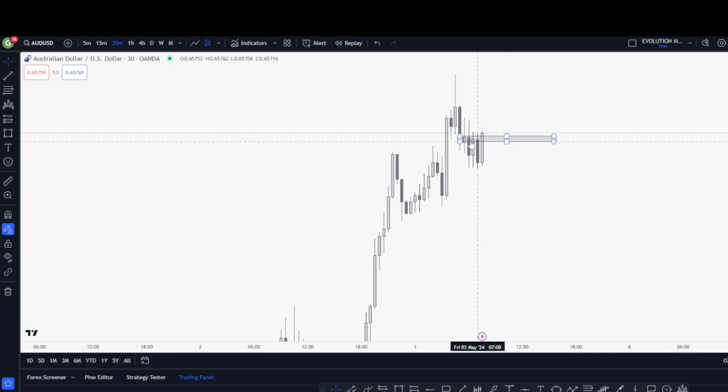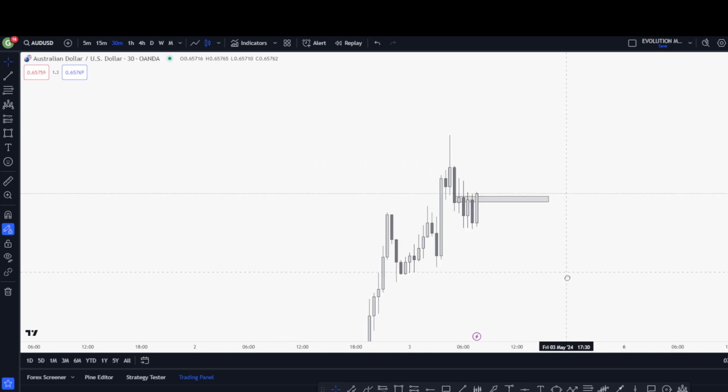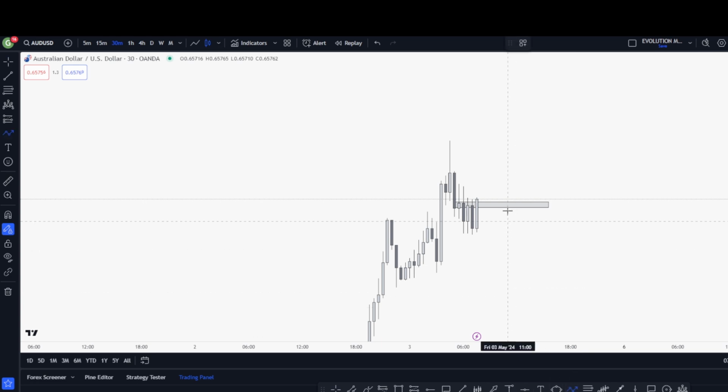Now, if price can break and close back above this minor resistance area created in the 30 minutes, we can prepare ourselves to take advantage of the bullish momentum coming in, and we would look to take trades to the upside.